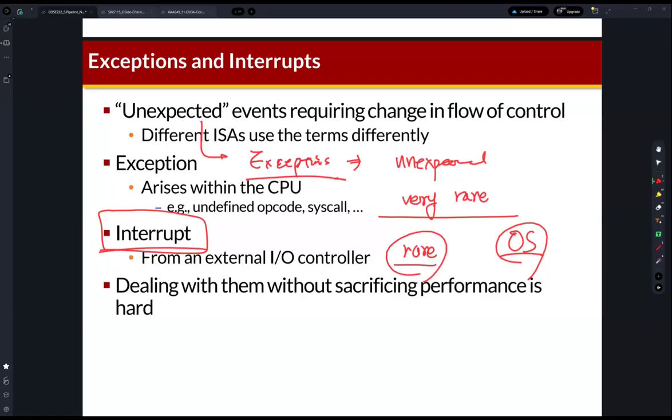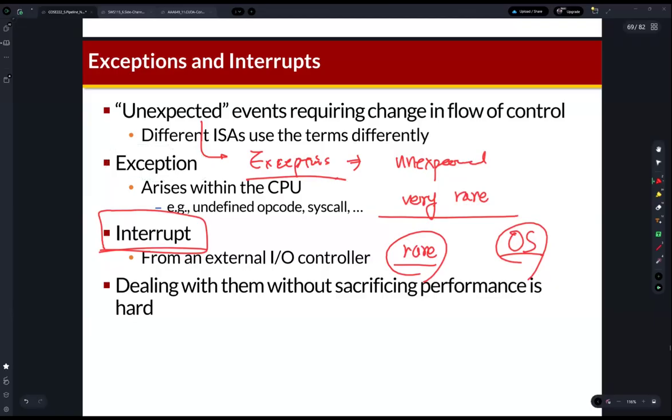Like if we click the keyboard button, the interrupt is raised in the CPU, and the CPU calls the interrupt handler, and then the interrupt handler code is executed. This is software, executed by the CPU, and then it returns to the point of the interrupt. So this is interrupt handling. Exceptions are the same.